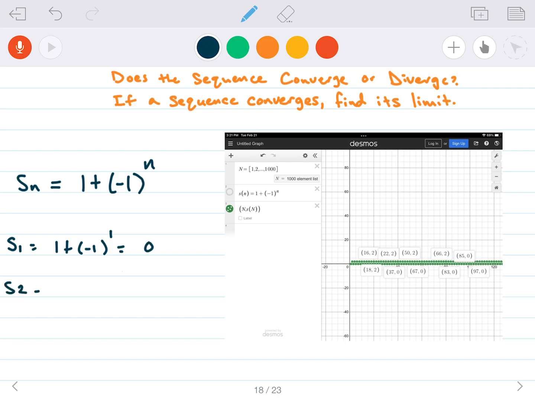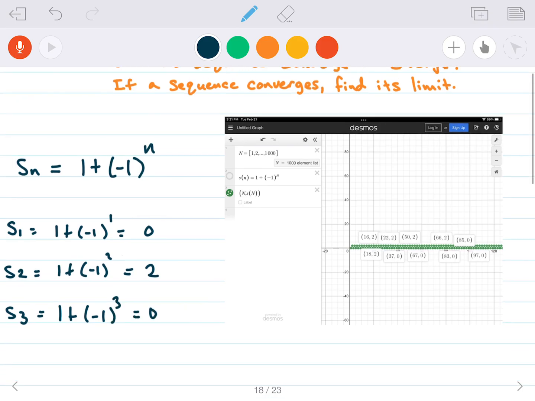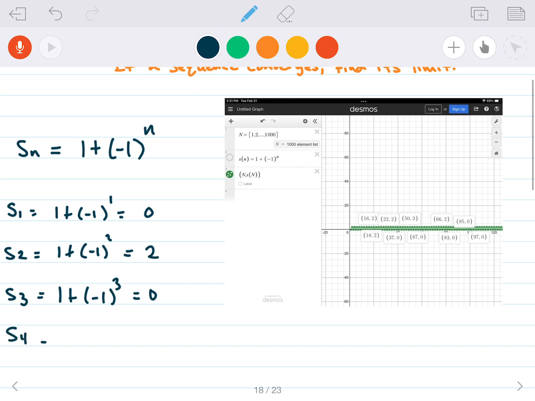S sub 2 equals 1 plus negative 1 squared, equals 2. S sub 3 is 1 plus negative 1 to the third, and that again equals 0. S sub 4 equals 2, and the pattern continues.